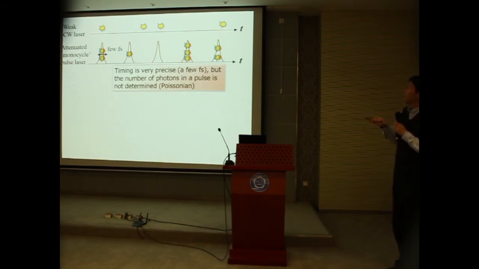And this is a case of an attenuated monocycle pulse laser. In this case, you have these optical pulses with very high precision, a few femtoseconds, but the number of photons in each pulse is not determined, or you have a Poissonian distribution.